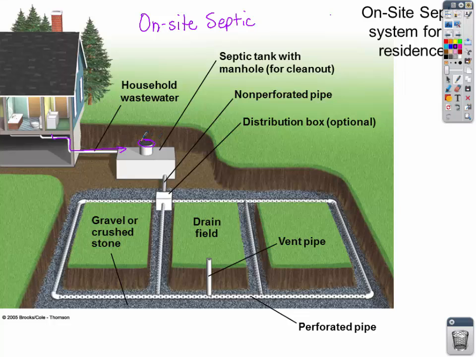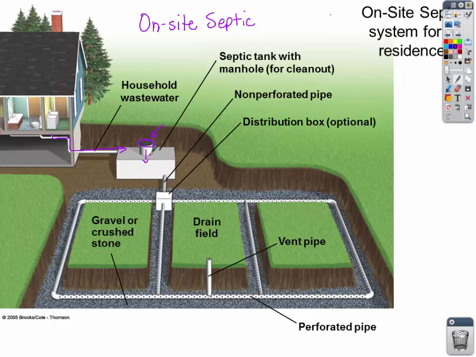There'll always be a cap to that. Sometimes it's buried, sometimes it's not. It's better if it's not, because you need to access that here and there, and if it's buried you have to dig it up. But everybody should know where that cap is, because that is your only access to your septic tank.